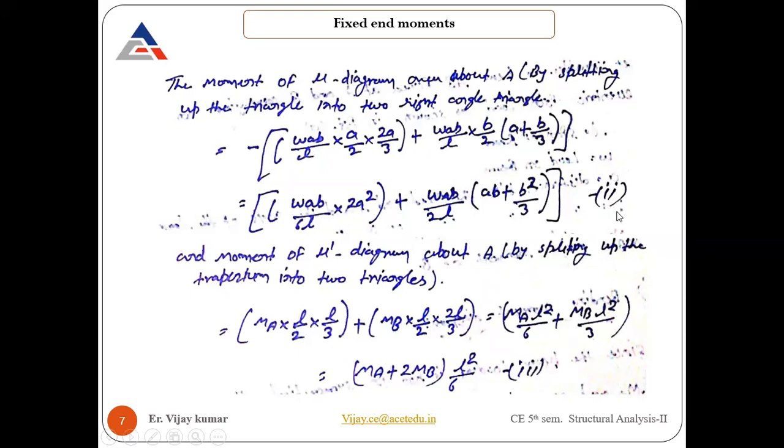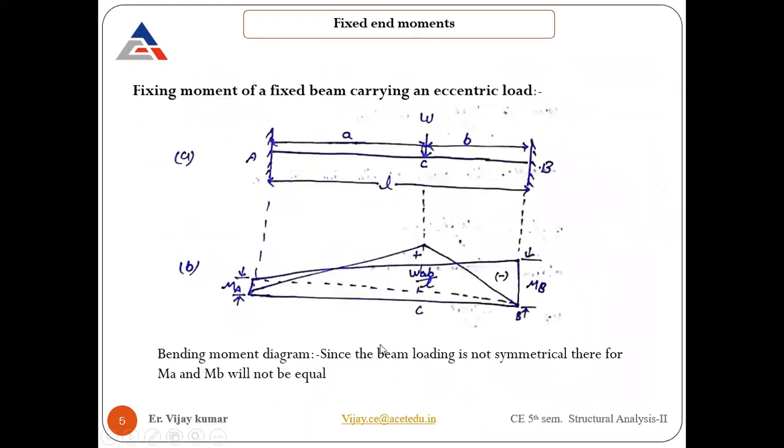Similarly, we need to do the calculation of the moment about point A for the M diagram, meaning the bending moment diagram. That will be nothing but, again, we have to split it into two triangles. This is the trapezium. If you draw a line, this is one triangle.